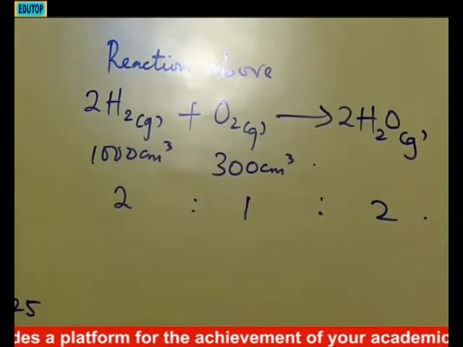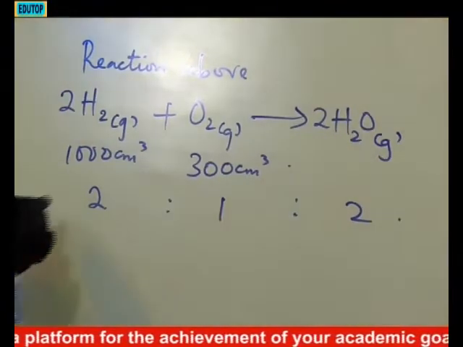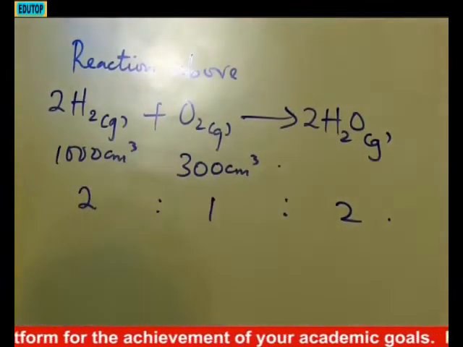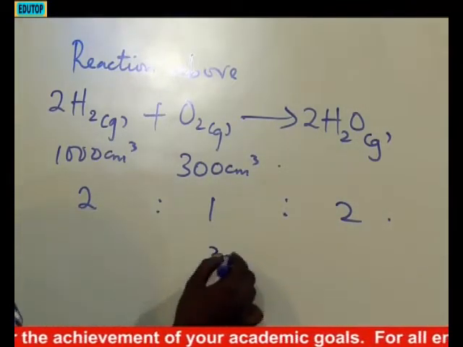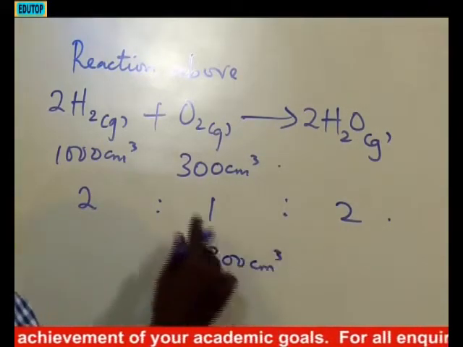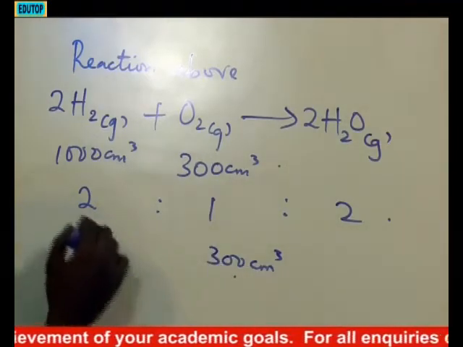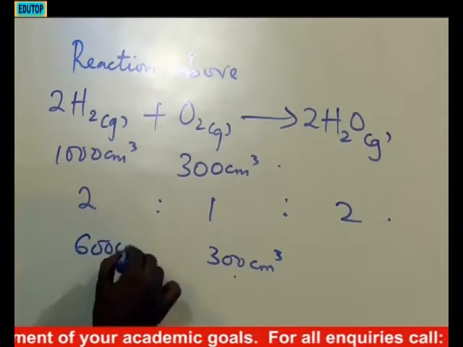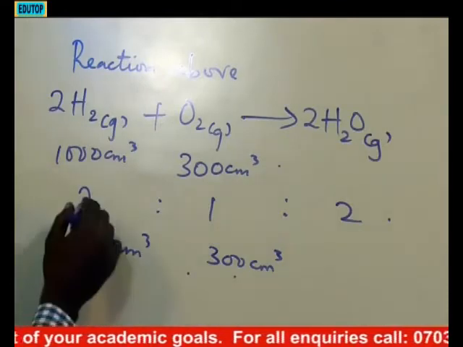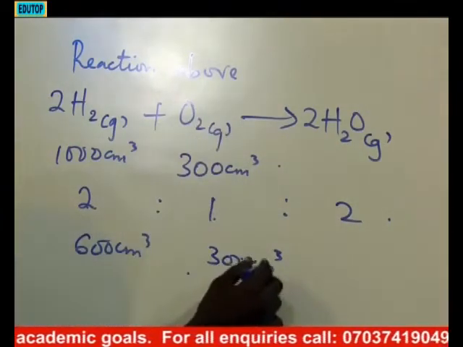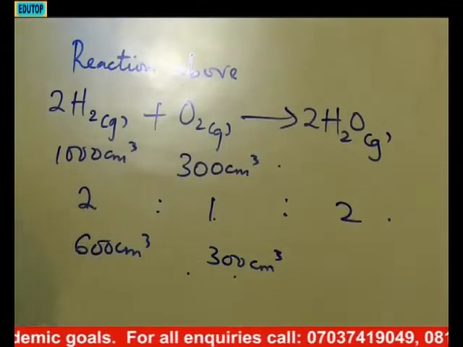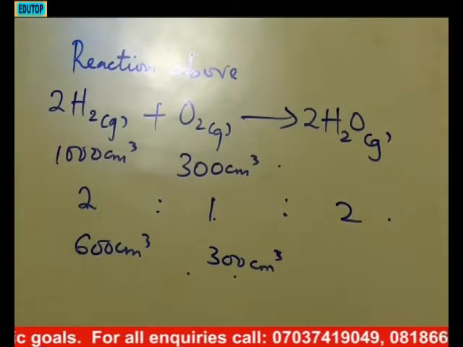So in this situation, if you have 300 cm3 for one, automatically for two should be 600. So if you have 2:1:2, and you are now having 300 of oxygen, then you should have 600 of hydrogen.